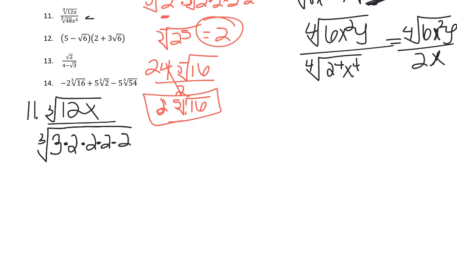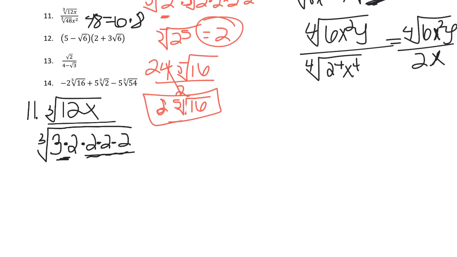So 48 is 6 times 8, and then I broke the 6 down into 3 times 2, and I broke the 8 down into 2 cubed. So here, I already have 3 2's that can come out, but then I have a leftover 2 and a leftover 3.